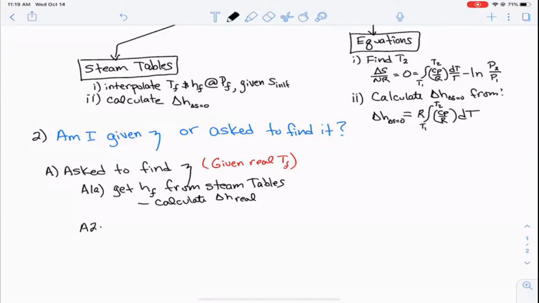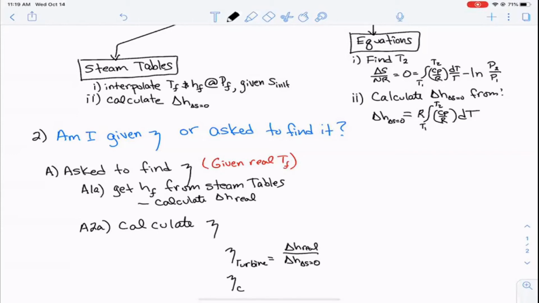Then the second step, if we're asked to find the efficiency, then of course, if we already have delta H real and delta H when delta S is equal to 0, we're going to calculate the efficiency, right? We know that the efficiency of a turbine is equal to delta H real over delta H when delta S equals 0.